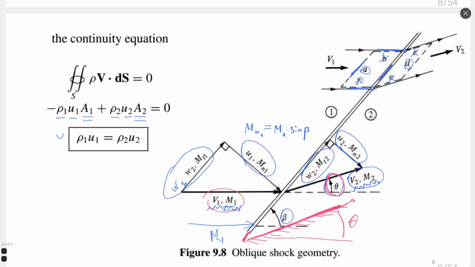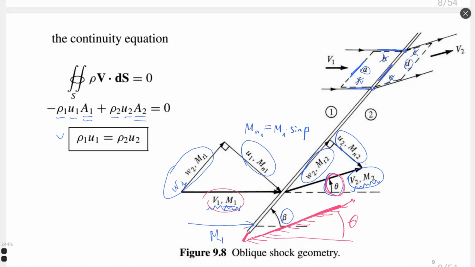So this theta on the diagram of vectors is the same as theta on the geometrical diagram. To define theta, we need to know the flow direction before the shock wave, and the direction of the wall after the shock wave. In such a way, we can define theta, the physical angle of the body. So when we define geometry, we always know how big this theta would be.